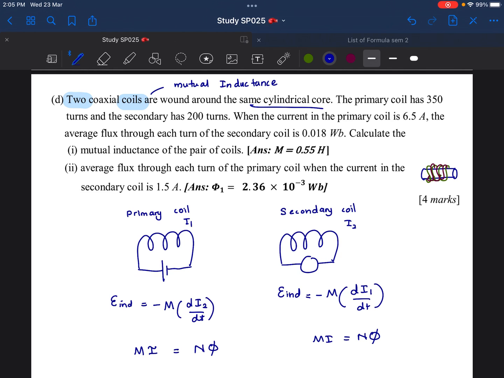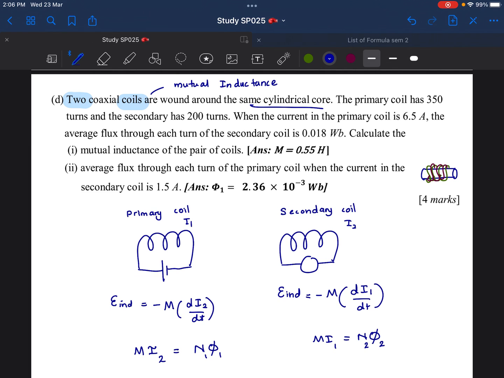Contohnya primary coil kita denote sebagai number of turns N1, magnetic flux phi 1. M ni mutual inductance, kita tak denote 1 ataupun 2 sebab dua-dua nilai M dia sama. And then the I would be I2 sebab perubahan current pada kawan sebelah. Sama juga macam this one. Disebabkan ini secondary coil, jadi number of turns N2, magnetic flux phi 2, tapi current I1.